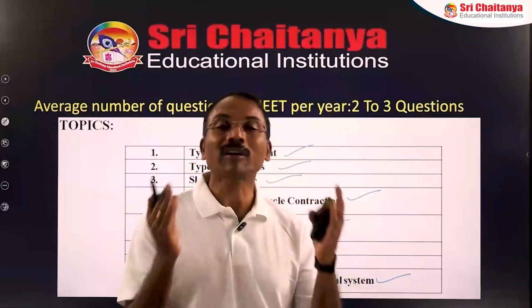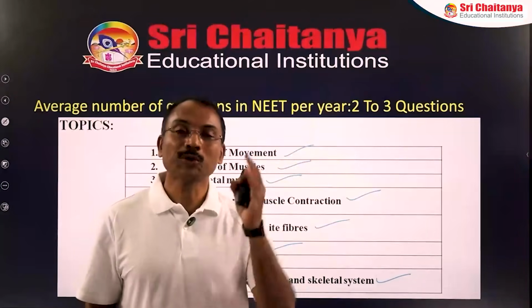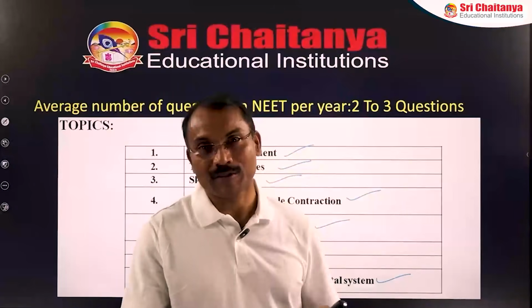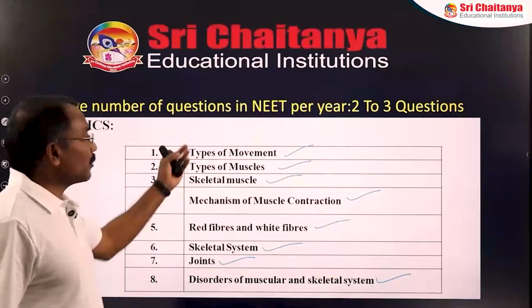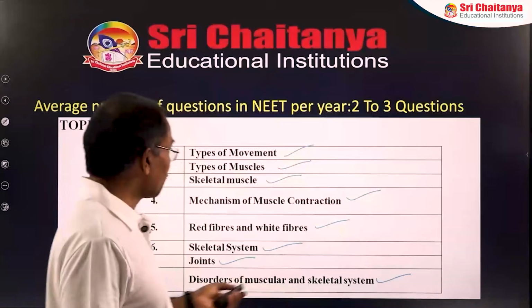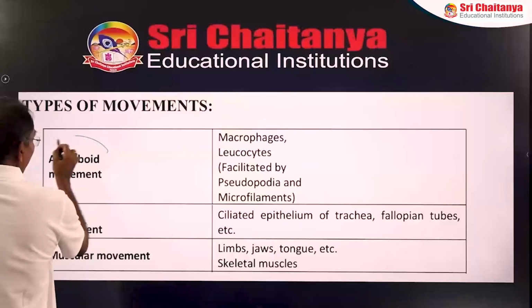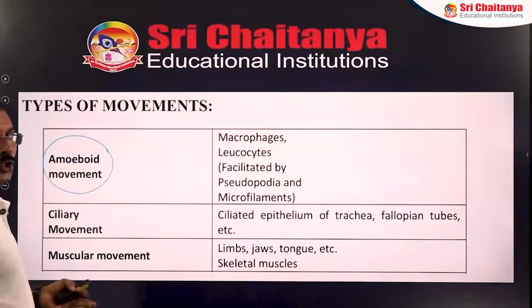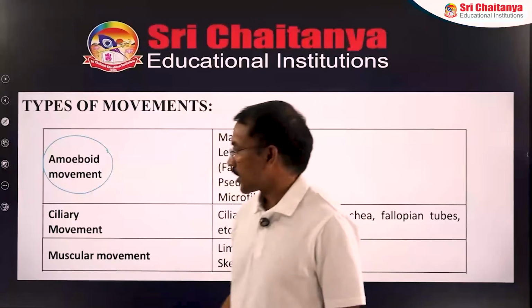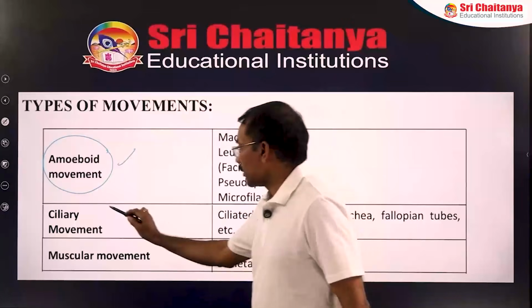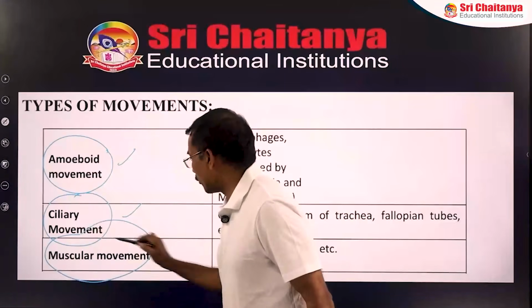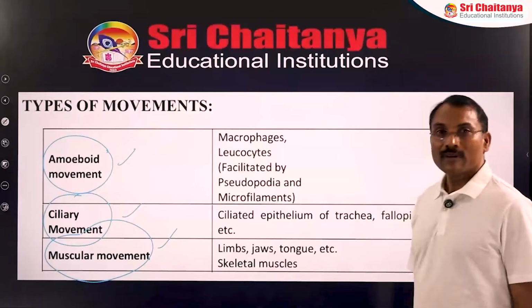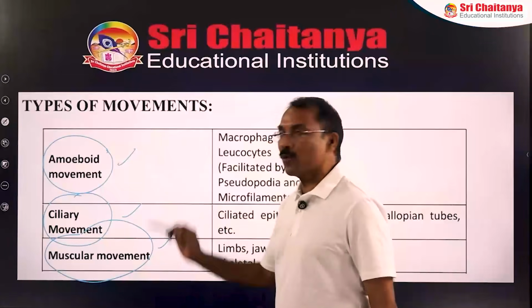Okay, what are the various ways to recollect almost all points under each topic? First topic, types of movement. In our body, different cells show different movements: amoeboid movement, ciliary movement and muscular movement. Which cells show amoeboid movement in our body?